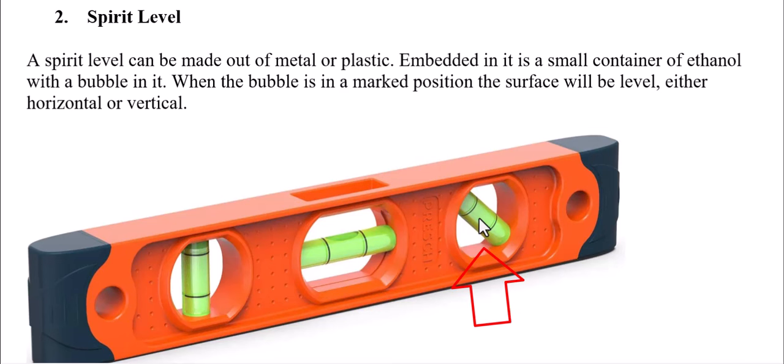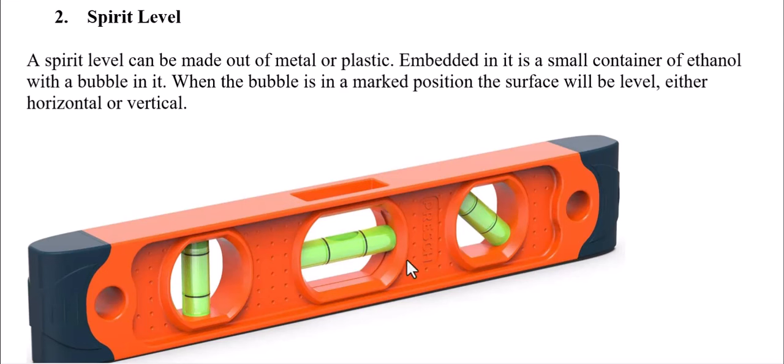When you are using it, you will see an air bubble in the liquid. When this air bubble lies between these two black marks, then your surface is horizontal. The same applies when you are measuring a vertical surface, and when measuring at 45 degrees.